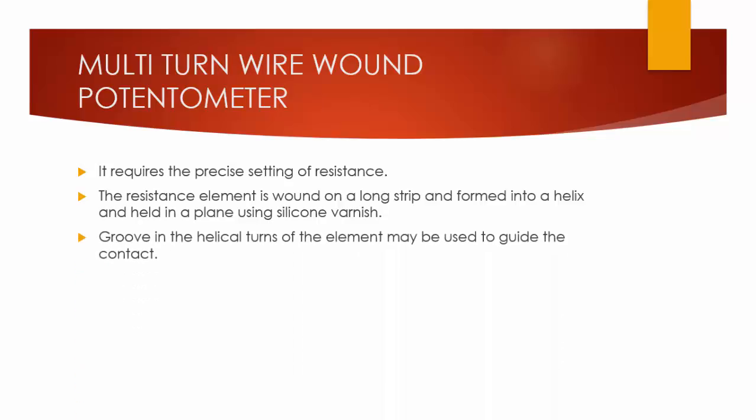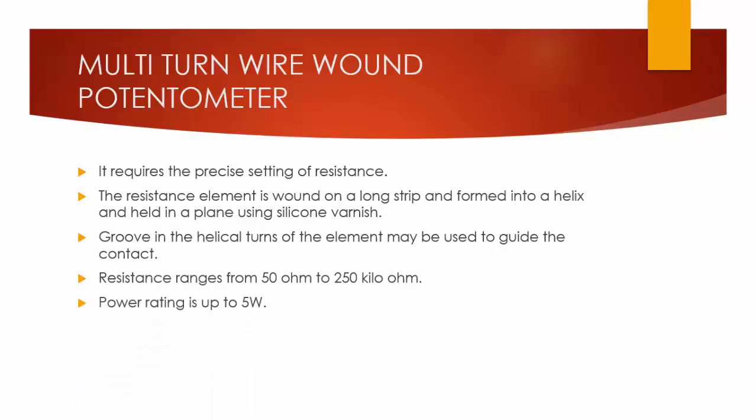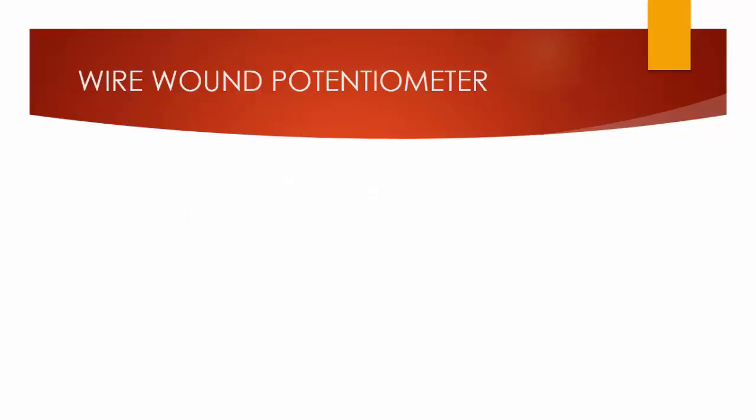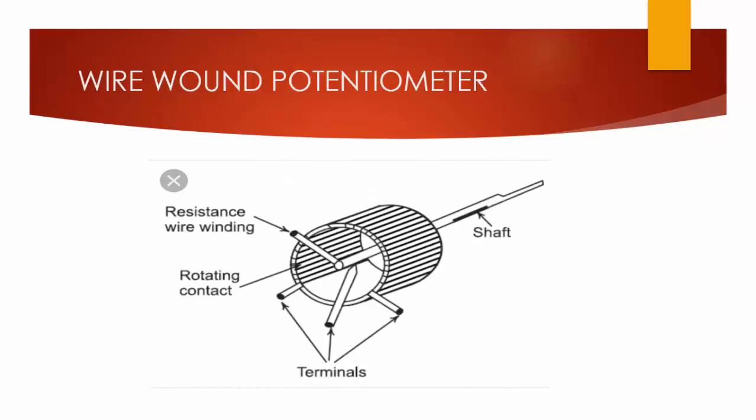Grooves are usually made in the helical turns so that they can be used to guide the contact. Here the resistance varies from 50 ohm to 250 kilo ohm, and the power rating is up to 5 watt. Here is the schematic diagram of the wire wound potentiometer.